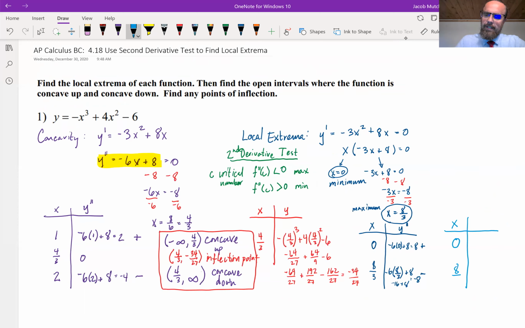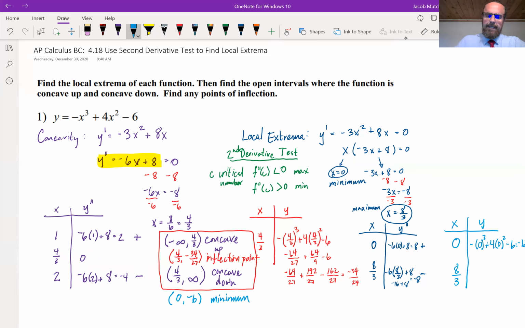I want to find the y values from the original function y. So negative 0 cubed plus 4 times 0 squared, those two terms go to zero, minus 6 is negative 6. So I've got the point (0, -6), and I've identified that by the second derivative test as a minimum.